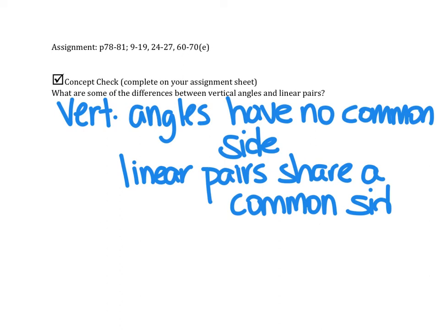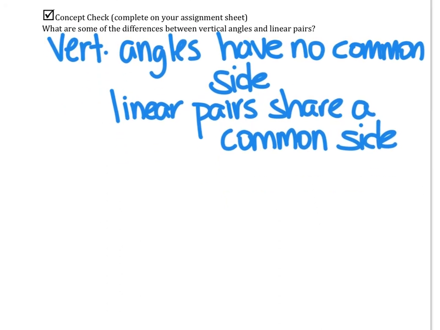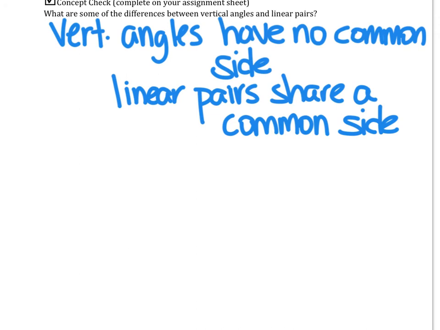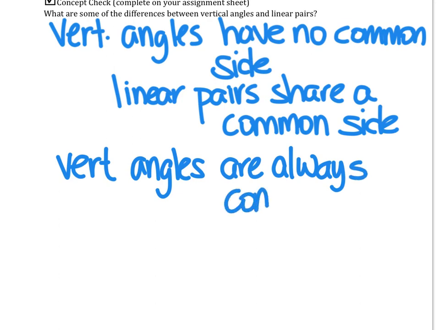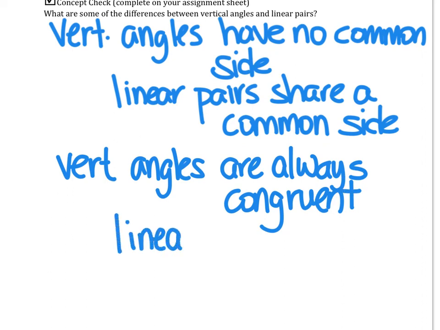Okay, so what else do we know? Well, vertical angles are always congruent. And if we think about it, a linear pair could be congruent if they're both 90 degrees.